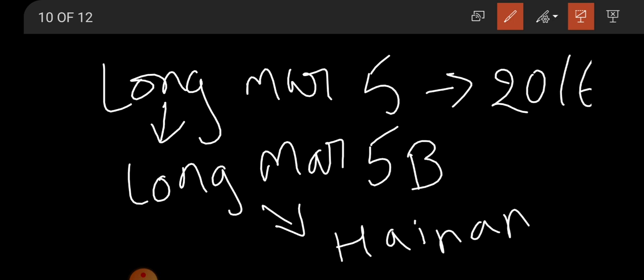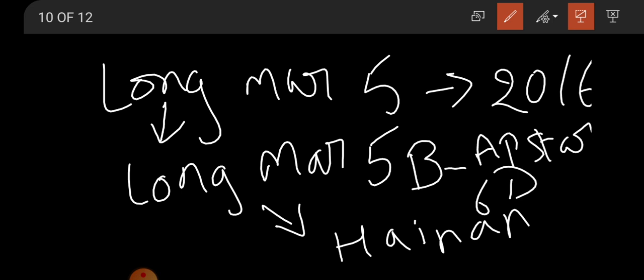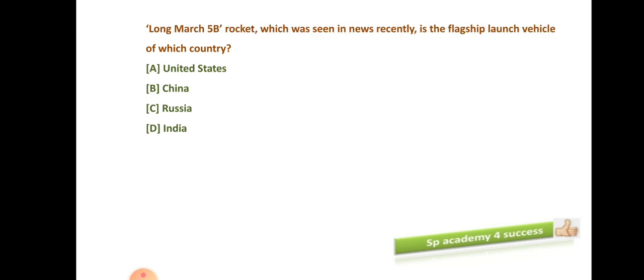From this, APStar 6D, a communication satellite, was launched from the Long March 5B launch vehicle in China at the place called Hainan. So this is a successful project. What is the answer for this question? Option B is the right answer for this question.